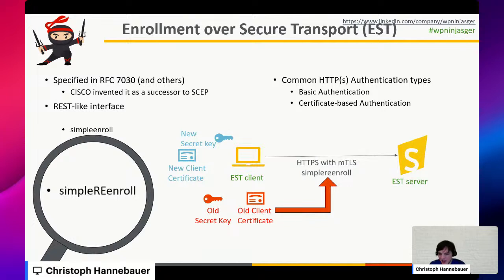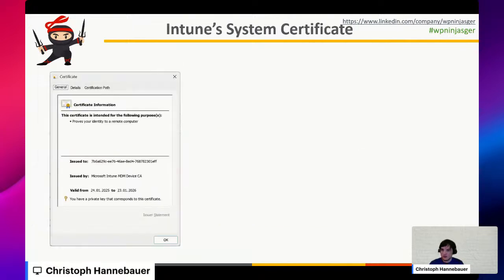But wait, on a Windows client, if it's Intune managed, if you would take a look at the machine store of the certificates, you will find a certificate that looks similar to this one. So it is a certificate that is issued by a Microsoft Intune MDM device CA, and it's issued to some GUID, which is actually the device ID your device has in Intune.